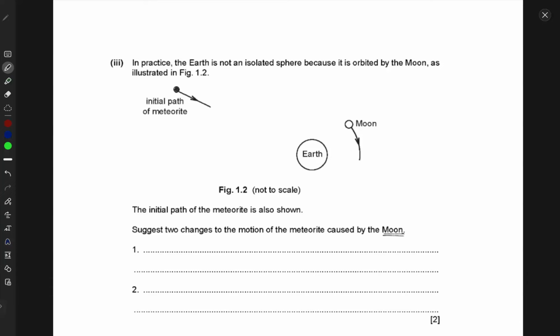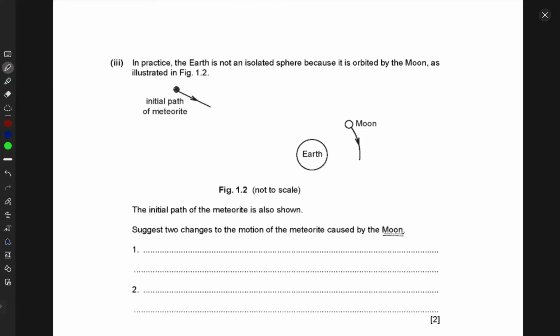So what do you think could happen to this meteorite's motion when it's approaching towards the Earth, if there is this moon also present which is orbiting the Earth? Anyone, any suggestion? What could happen? It could accelerate faster.